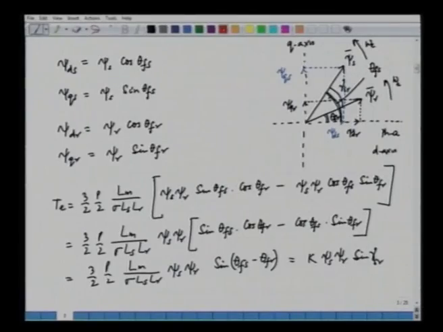So, if we want to control or change the torque, what we have to do is change psi s, psi r, or we can change gamma sr. What is this gamma sr? Gamma sr is the angle between psi s, this is my psi s, and psi r, this is the psi r.